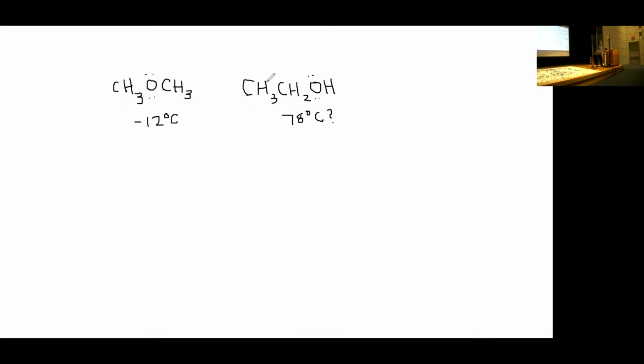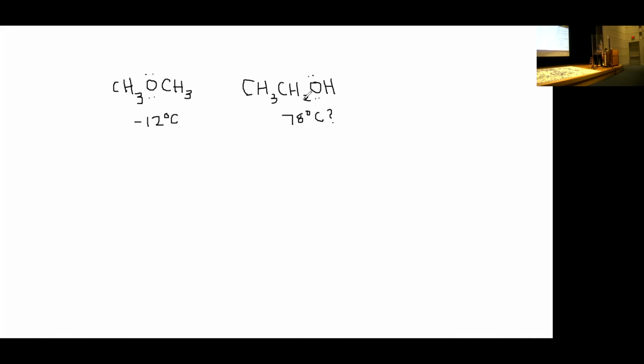Since we've got hydrogen bonding in ethanol, in order to get it to boil, you've got to put in a lot more energy in the form of heat. You've got to separate the molecules one from another and disrupt those hydrogen bonds. Again, remember, hydrogen bonds are not covalent bonds. When you boil something, you are not breaking covalent bonds. That's very important to know.